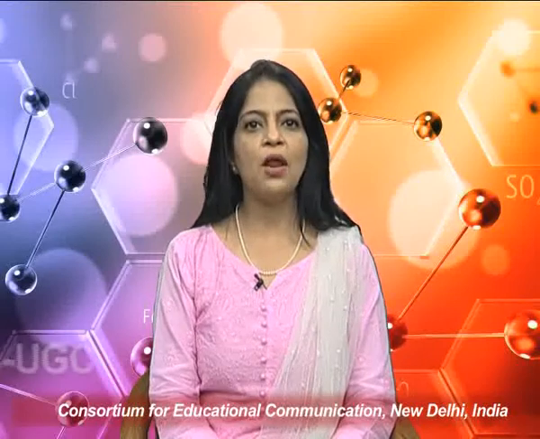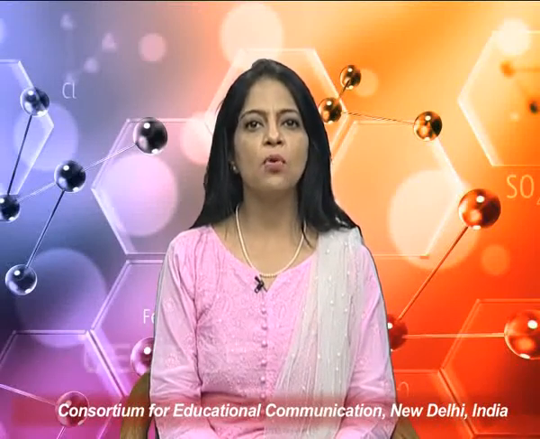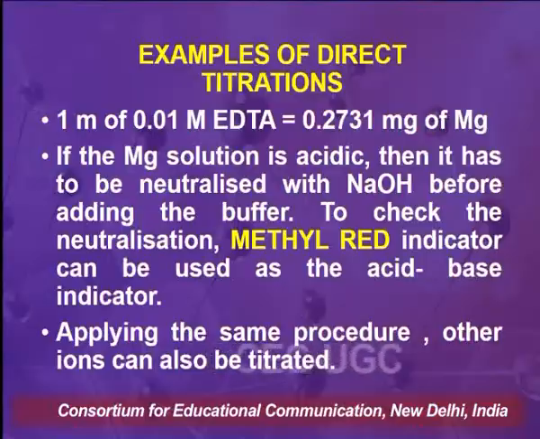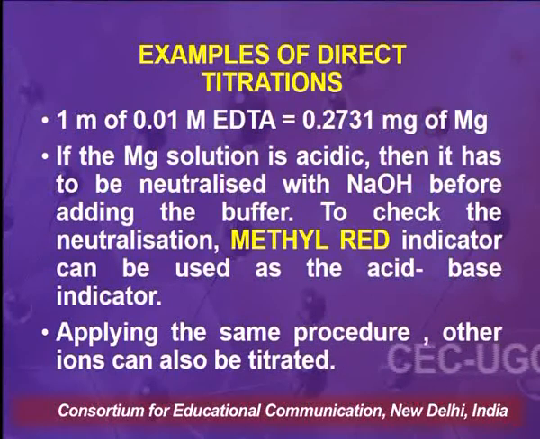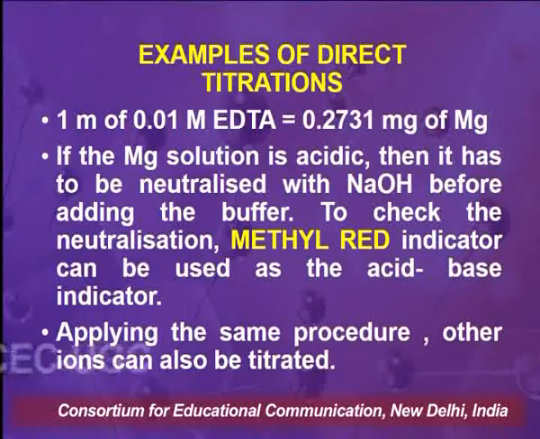Now 1 ml of 0.01 molar EDTA is equivalent to 0.2731 milligram of magnesium ions. By a set of calculations, we can find out how many magnesium ions are present, or the concentration of magnesium in a particular solution.